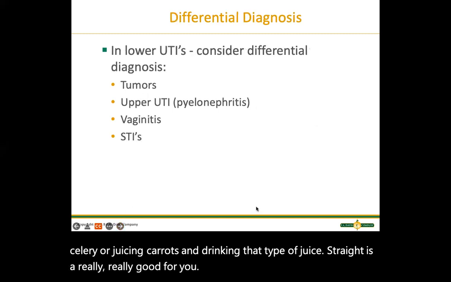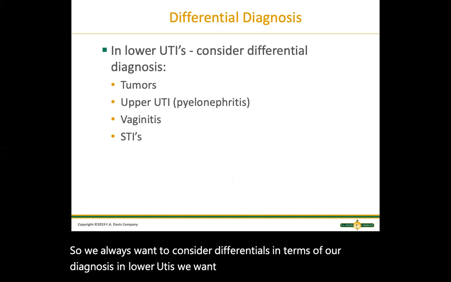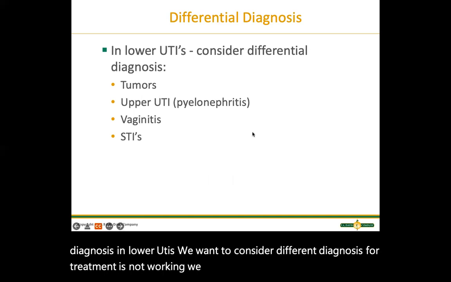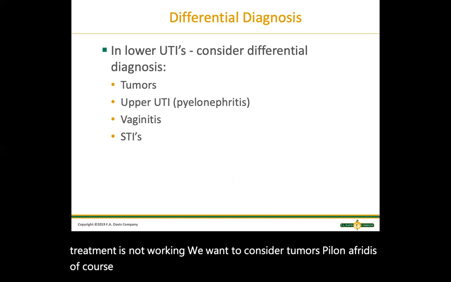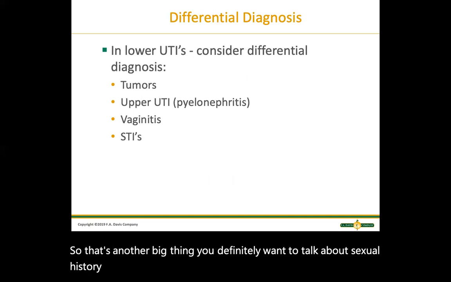So we always want to consider differentials in terms of our diagnoses. In lower UTIs, we want to consider different diagnoses if treatment is not working. We want to consider tumors, pyelonephritis, of course vaginitis, and sexually transmitted infections or diseases. So that's another big thing. You definitely want to talk about sexual history, any history of STDs.